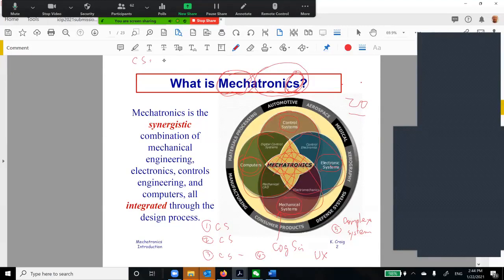I should say this. I said CS could be complex system, right? So I have a complexity that is simplified. Do you like it? If you don't follow the mechatronics principle, then you're kind of very messy, right? You create a very complex system and it's very messy. However, if you follow our mechatronics way, it will be simplified. So I like it.